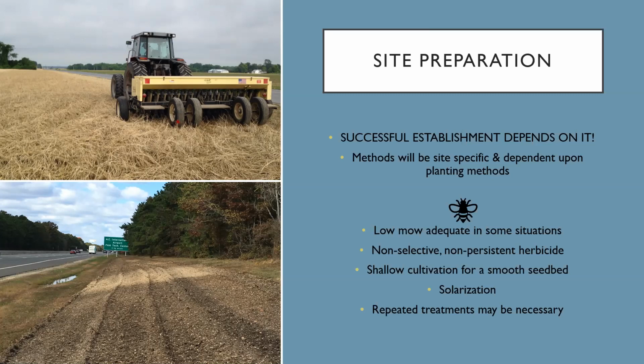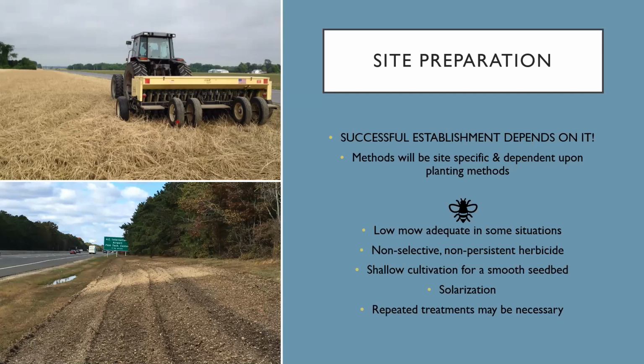But in this situation, he's herbicided the crop or burned it down, as we say, and we have a specialized seeder here called a Truax drill, which can actually penetrate through that plant material, and it will act as a mulch to actually protect the seedlings as they're coming up.